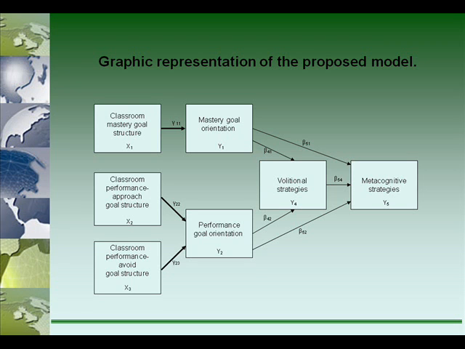Classroom performance approach goal structure and classroom performance avoid goal structure will positively relate to performance goal orientation. Performance goal orientation, in turn, will be positively related to volitional strategies and to metacognitive strategies. Finally, volitional strategies will mediate the relationship between mastery goal orientation and metacognitive strategies.